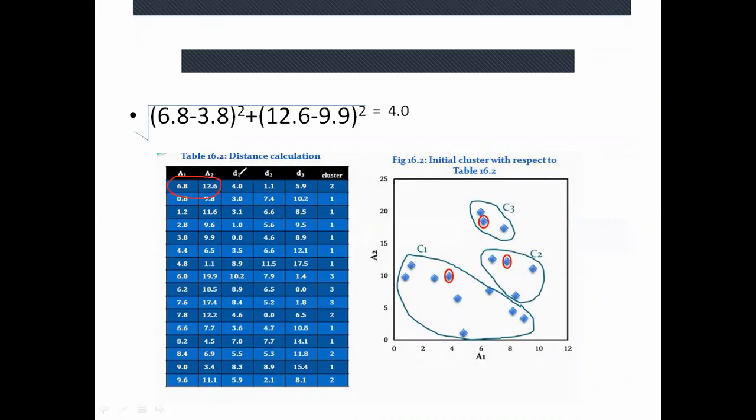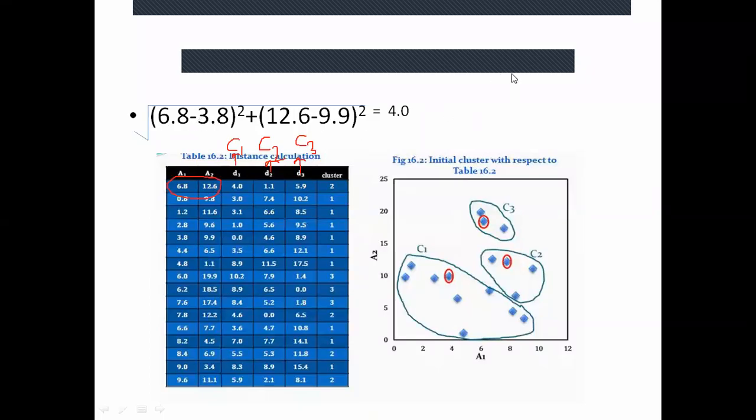D1 is the distance of this data point from cluster C1. D2 is the distance of this data point from cluster C2. And D3 is the distance of this data point from cluster C3.